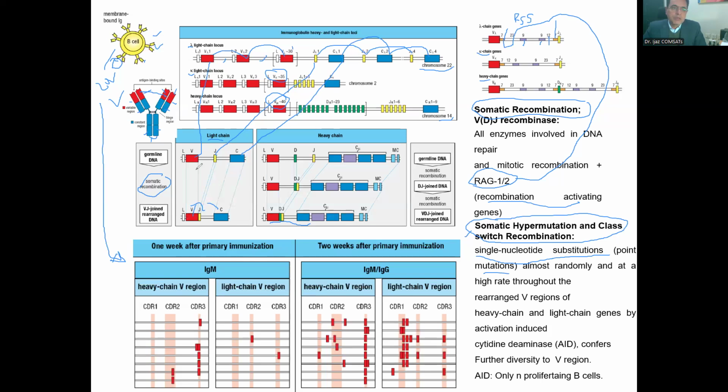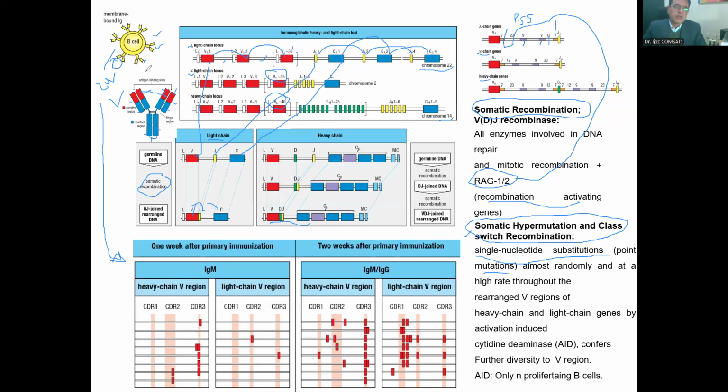Now, the variable regions are important for antigen binding, as I told you. Some point mutations or single nucleotide substitutions would be made, and those substitutions would strengthen the binding power of the antibody. It would increase the binding strength of the antibody when it attaches to the antigens.